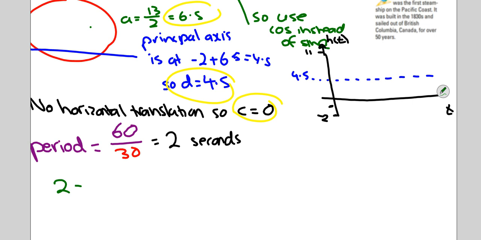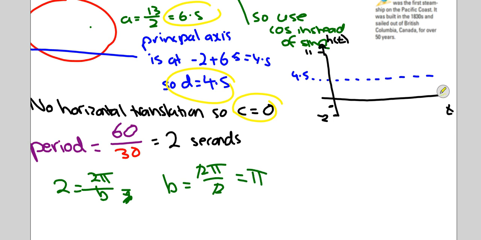So 2 equals 2 pi over b. Therefore b equals 2 pi over 2, which equals pi. So I've got a nice easy thing to put in my formula. Call it h with respect to t.